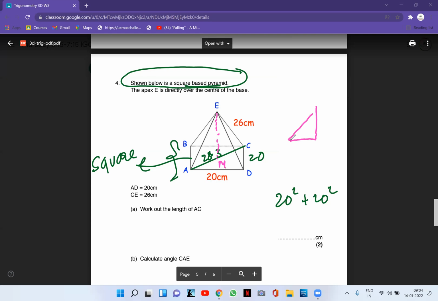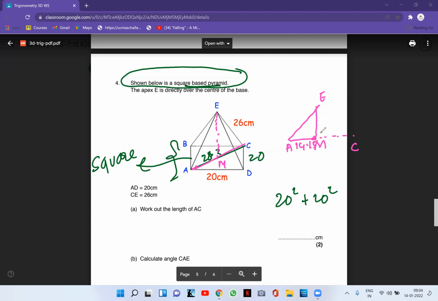So this is E, M, A, and this is C. So now see, this whole base, I got 28.3. As this is a median, what I have drawn, I'll take half of that. So 28.3 divided by 2, we got 14.15. So this is 14.15. I have got that, right?